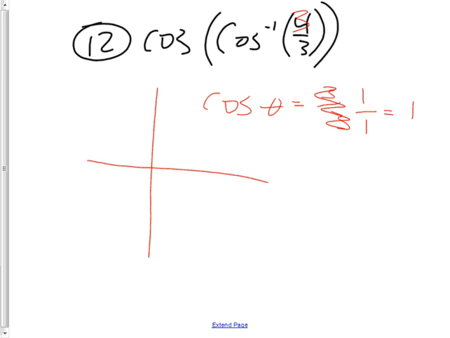Which is equal to 1. So what's cosine? Is it the x or the y? That's what you'd have to remember here. Cosine is the x. So you'd ask yourself, which of these spots has an x of 1? This spot's 1, 0. This spot's 0, 1. This is -1, 0. And this is 0, -1. Which one of those has an x of 1? That's the one that has an x of 1.